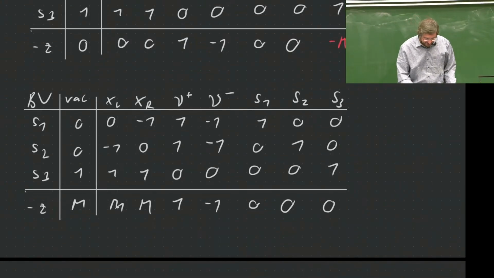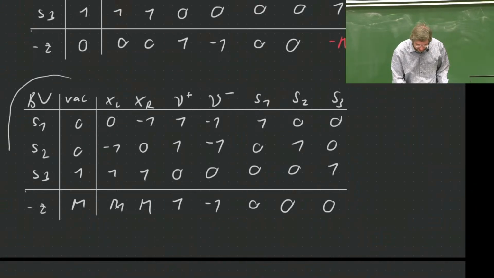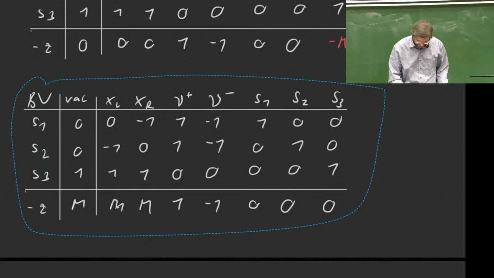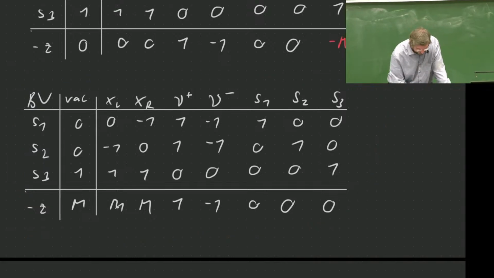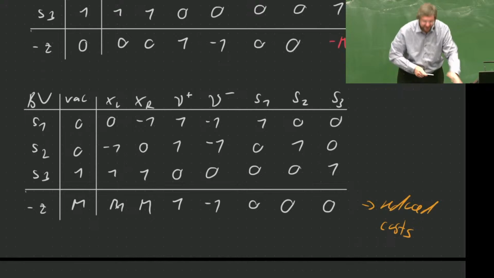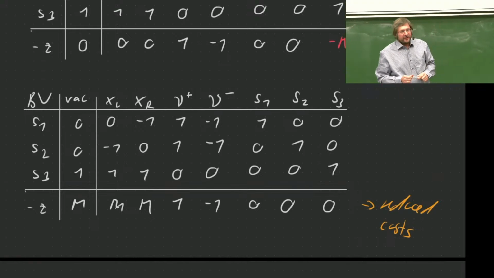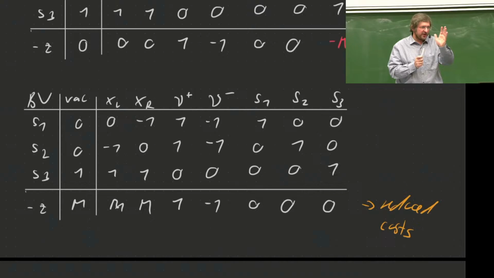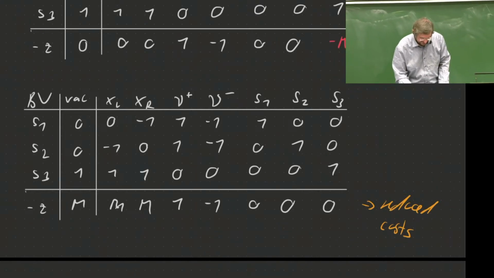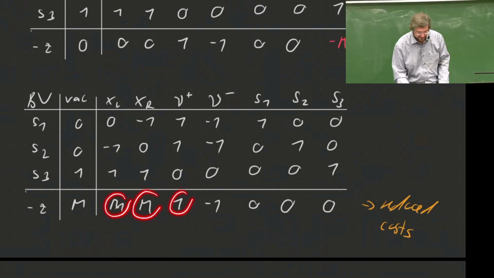Okay, so this tableau here, oops, that should be our starting point. And now what we have here in that last row are the reduced costs. So basically the reduced costs tell us if we include the corresponding variable in the basic variable selection by a certain amount, by how much the objective function will change.